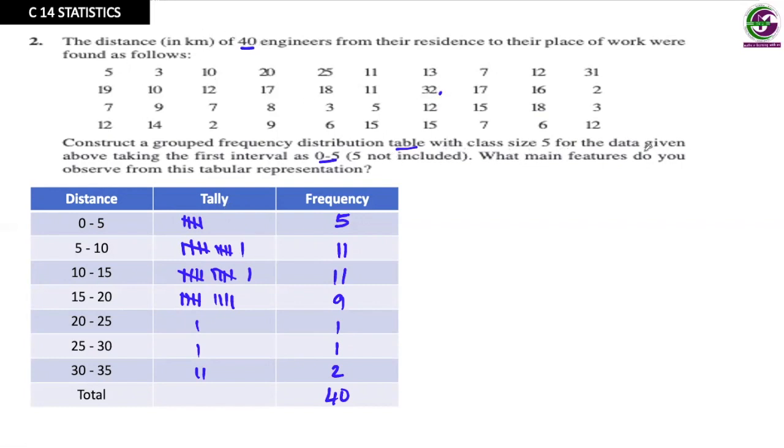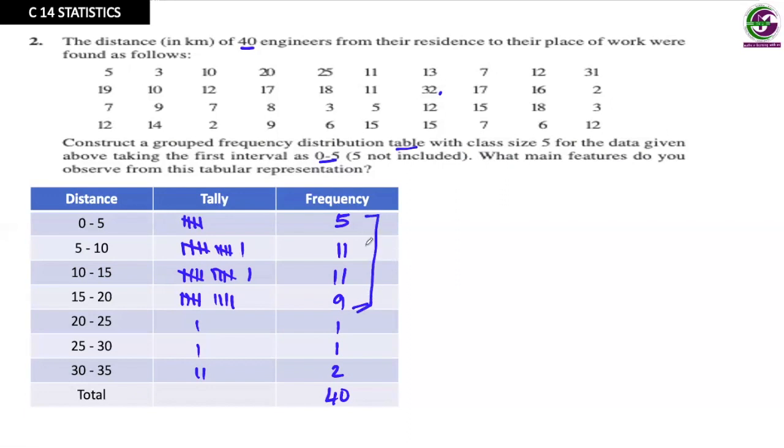Second part is, what main features do you observe from this tabular representation? Main feature is that towards the end, the number of people whose house is far away from 20 is rare. From 20 to 25, only 1. 25 to 30, only 1. And 30 to 35, only 1. So we can group the first 4 groups in one set.